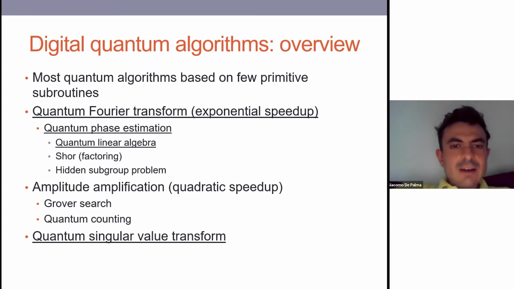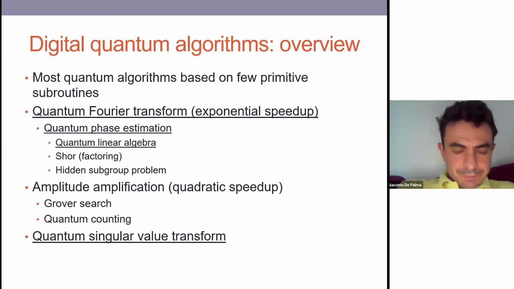Which is a quantum algorithm that more or less, given a unitary that you can apply as a black box and given a state which is an eigenvector of the unitary, lets you find an estimate of the corresponding eigenvalue.